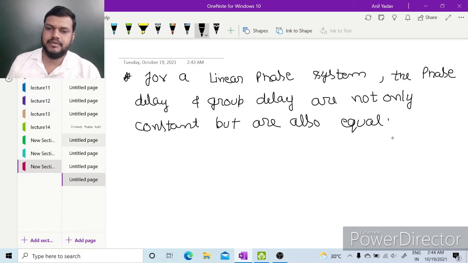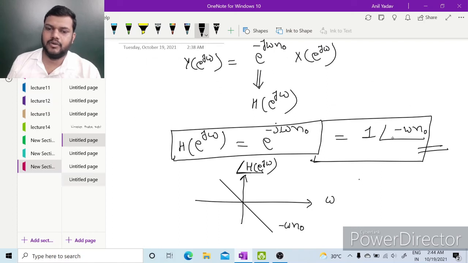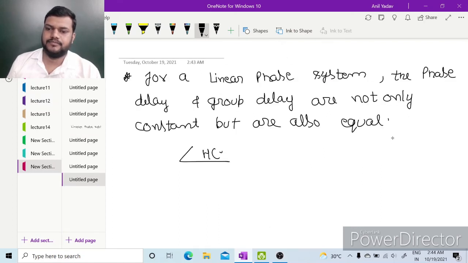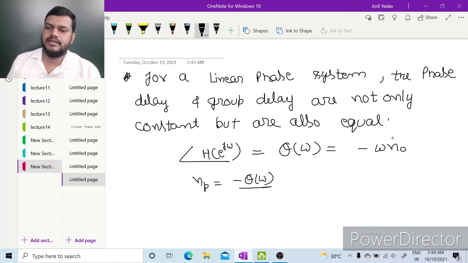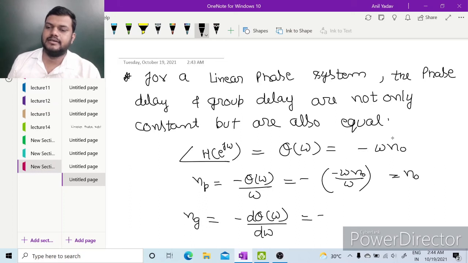Means in the previous system here we can see phase is minus ω n0, which is a function of frequency, θ(ω) is minus ω n0. Its phase delay n_p will be minus θ(ω) by ω, minus minus ω n0 by ω, means n0, and its group delay n_g will be minus dθ(ω) by dω, means minus d by dω of minus ω n0, which is n0.